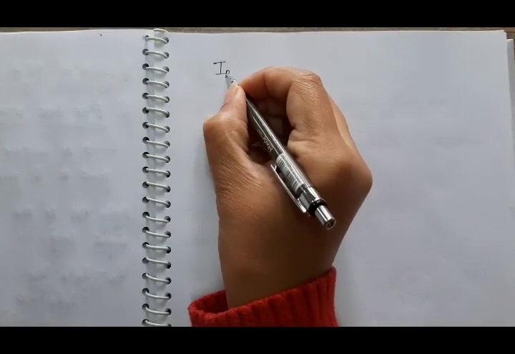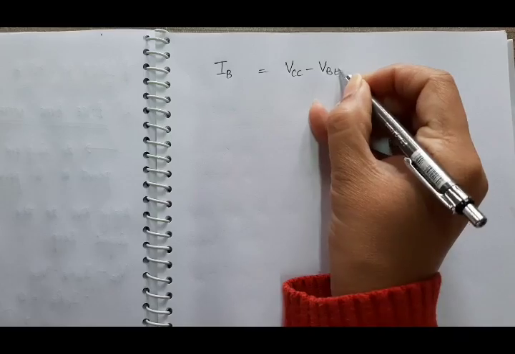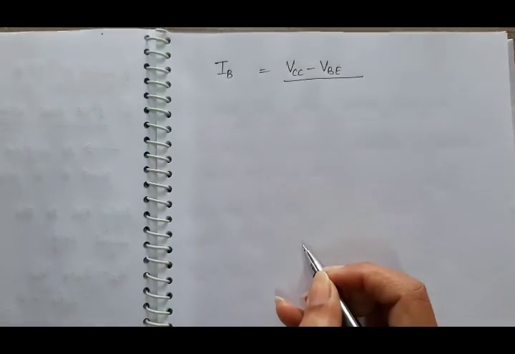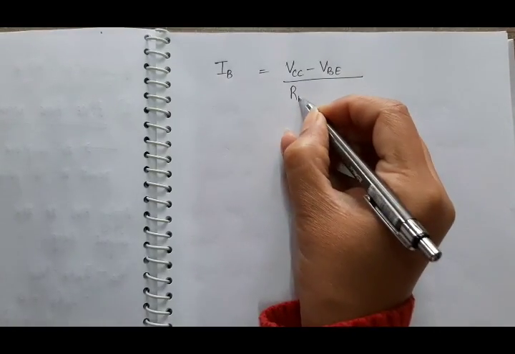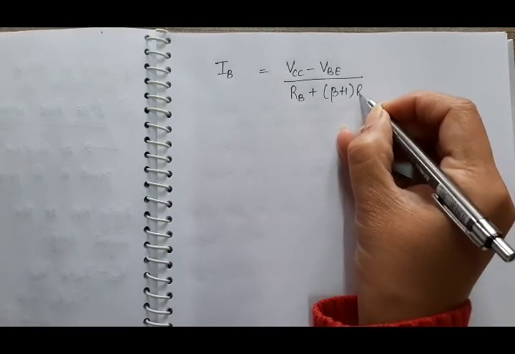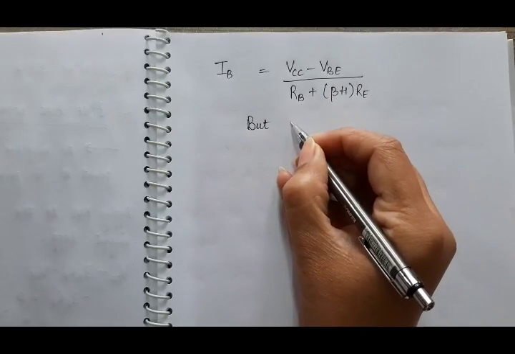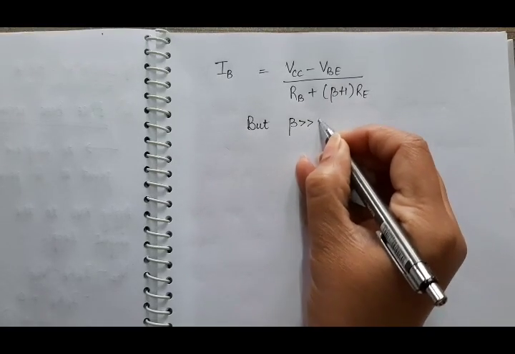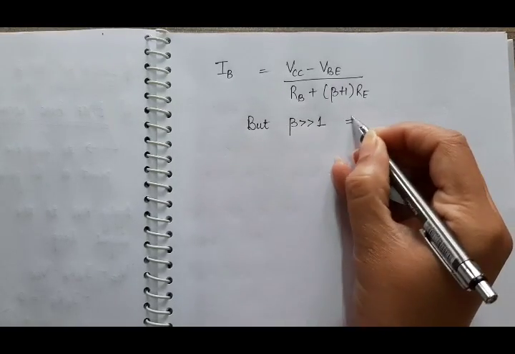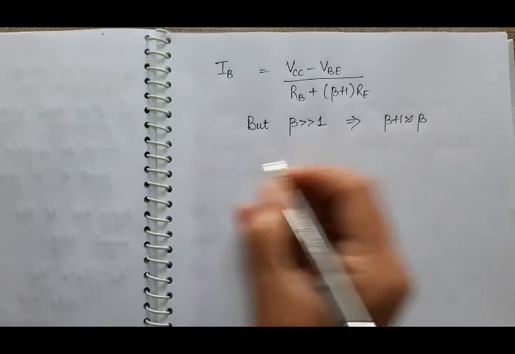So IB is VCC minus VBE divided by RB plus beta plus 1 RE, but beta is greater as compared to 1. Therefore, beta plus 1 is approximately equal to beta.